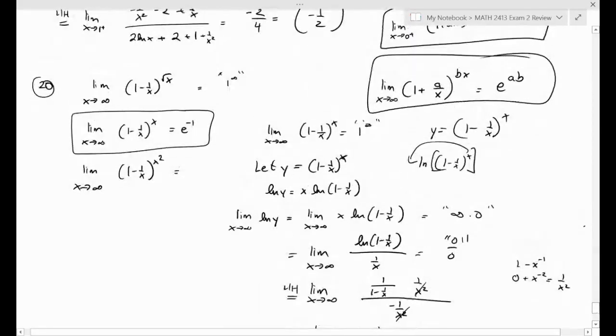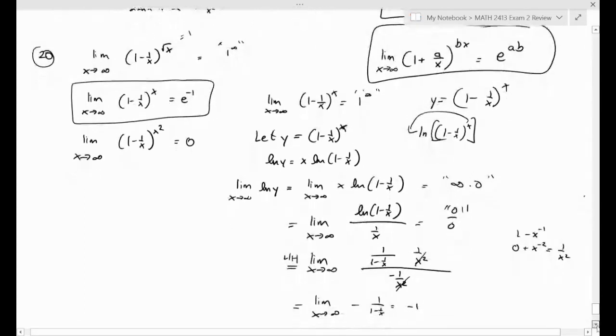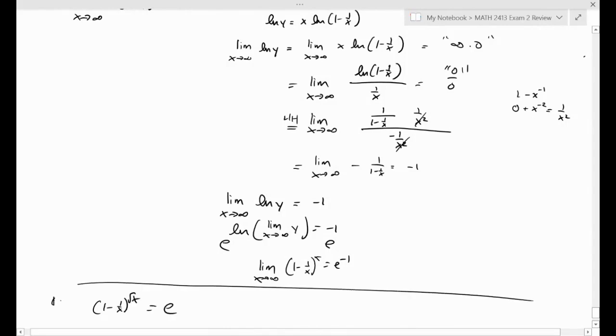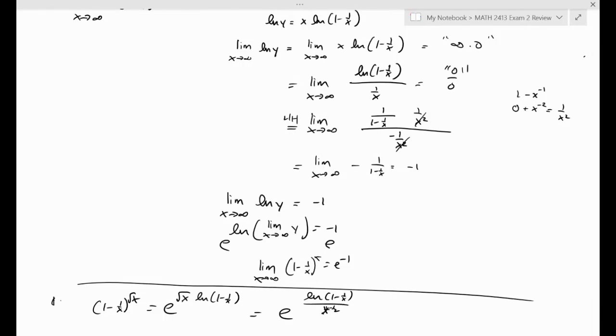You can check the other ones, but I believe this is in fact 0. And this might be 1. Let's check that one. So 1 minus using multiples.